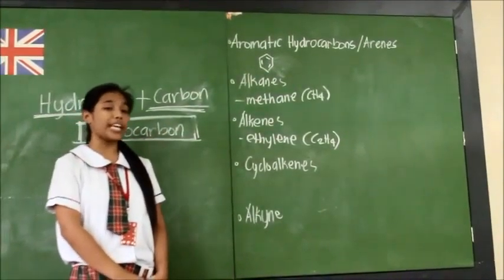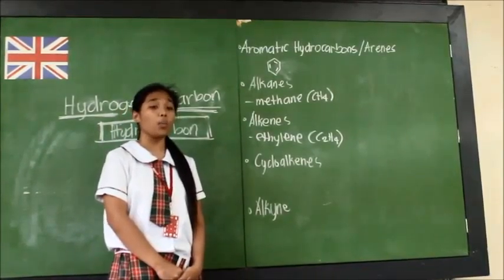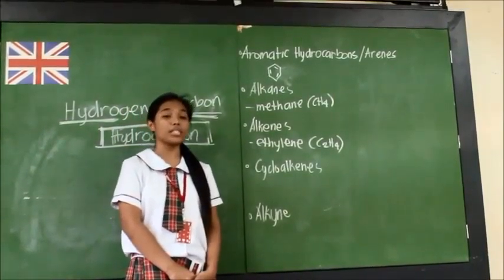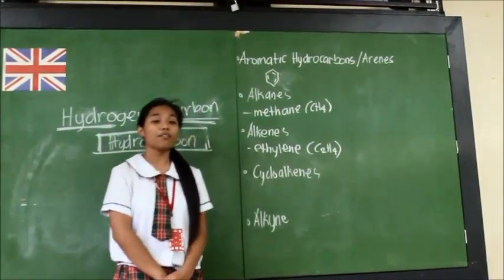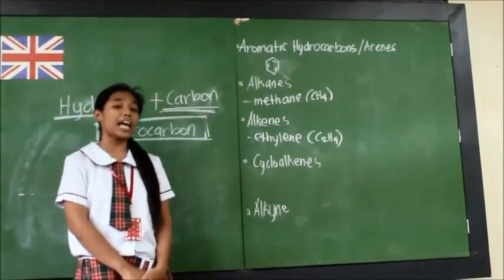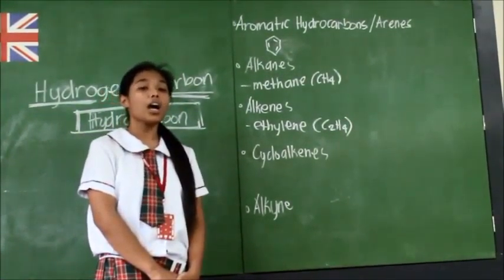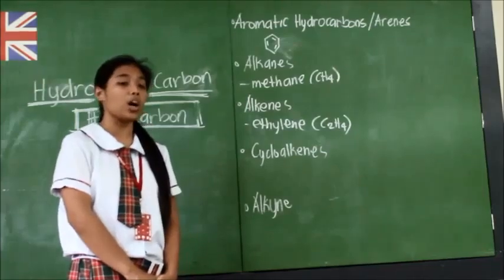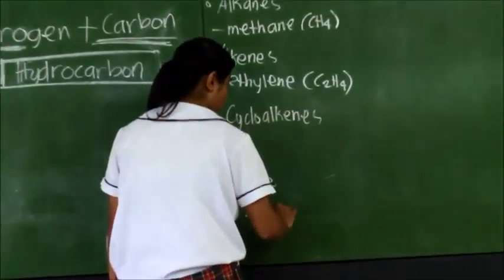For the fourth type, we have cycloalkanes, hydrocarbons that have one or more rings of carbon atoms in the chemical structure of their molecules. And for the last one, we have the alkyne, an unsaturated hydrocarbon which has at least one carbon-carbon triple bond between two carbon atoms.